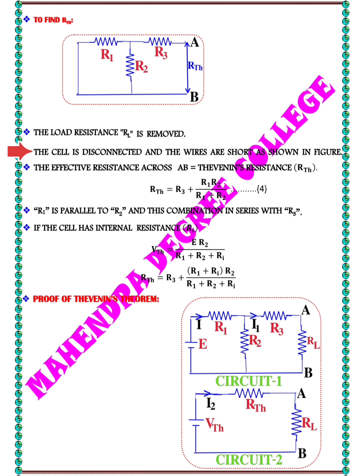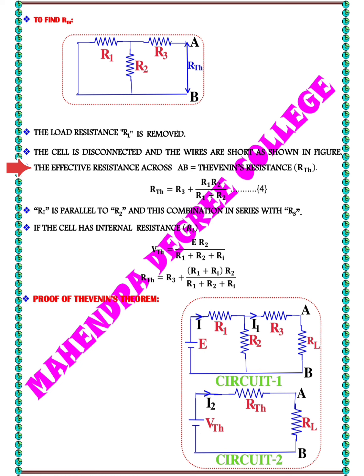Simply, the effective resistance across terminals A, B with the cell disconnected and wires shorted is known as the Thevenin's resistance. The effective resistance across AB equals Thevenin's resistance.